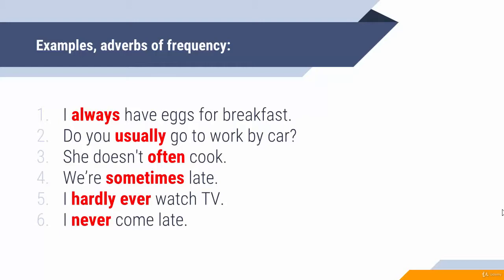Do you usually go to work by car? She doesn't often cook. You see, the adverb goes in front of the verb after the negative auxiliary verb. After doesn't, before cook. She doesn't often cook.